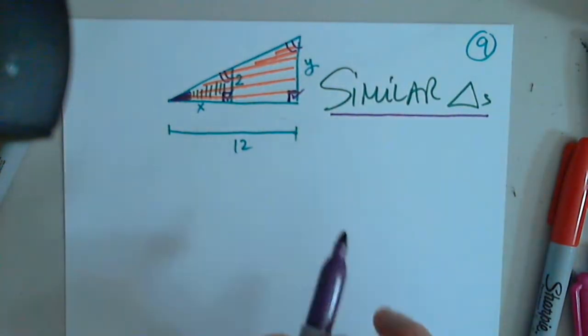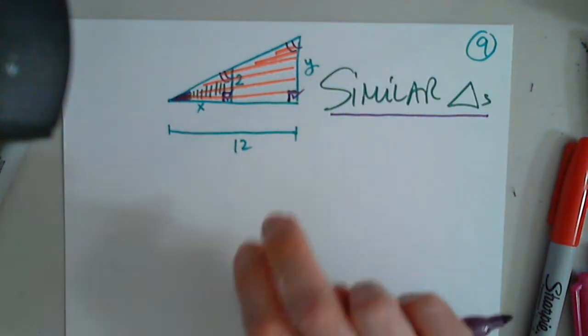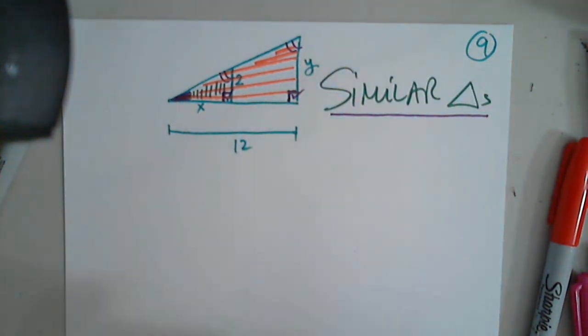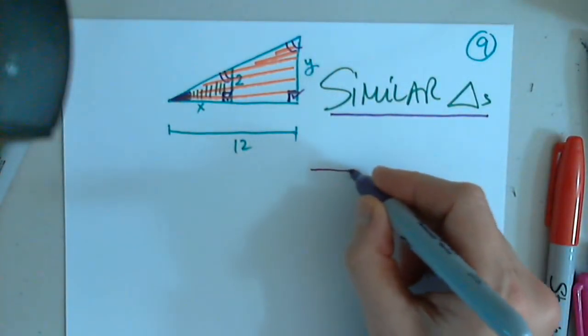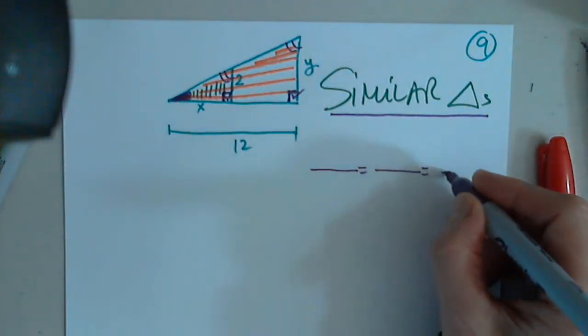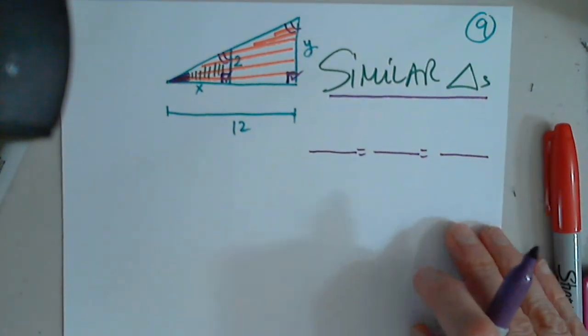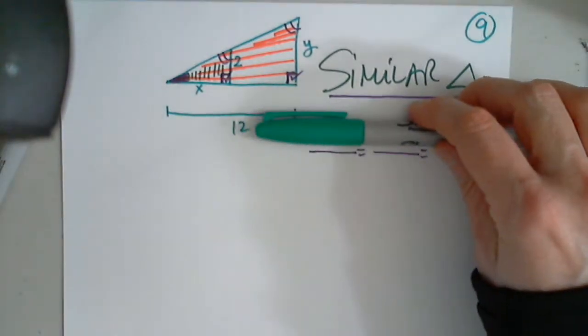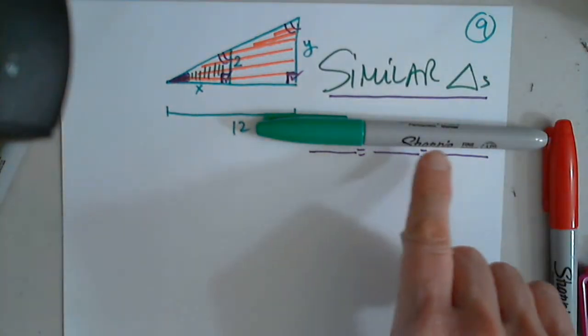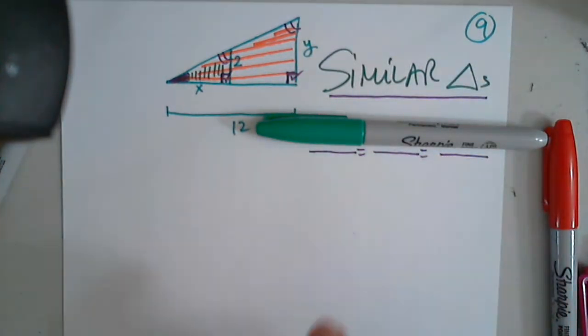Because I showed at least 2 pairs of congruent or equal angles, then I can write proportions with the sides. But writing proportions with the sides has to be done in a particular order. All sides at the top have to come from one particular triangle only.